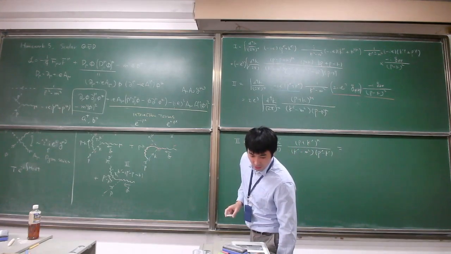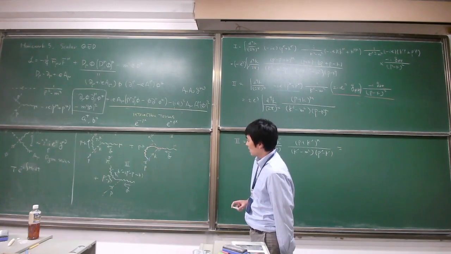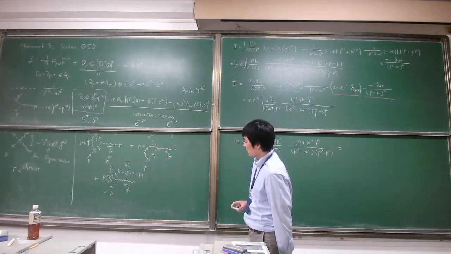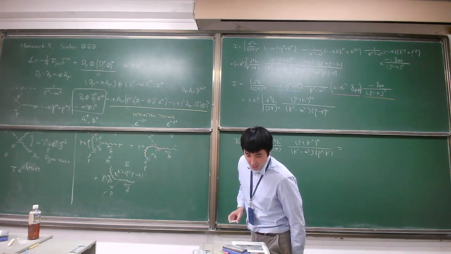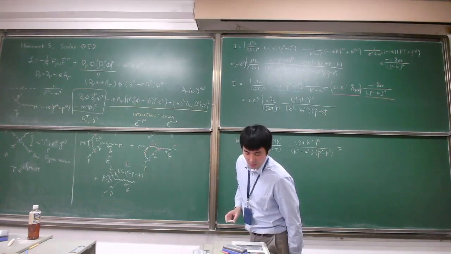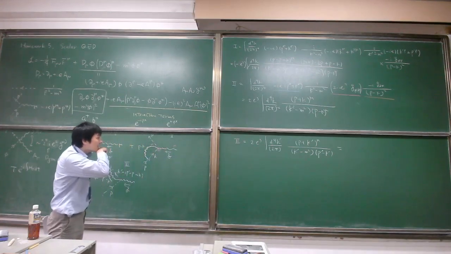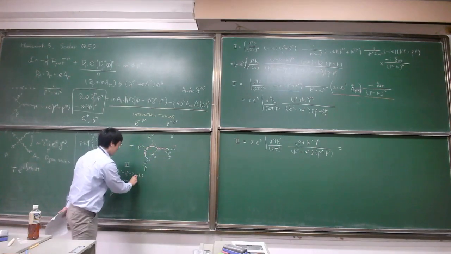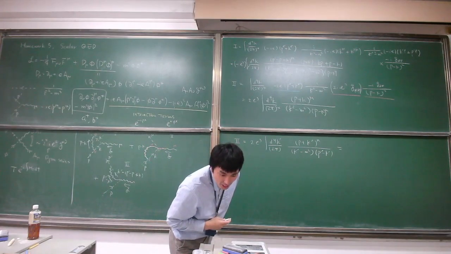I hope I don't make a mistake. Am I making a mistake? Let me think, just a moment. P, I think what I did is here. P plus. I hope I don't make any mistake.